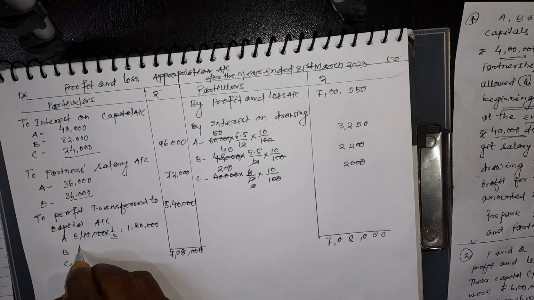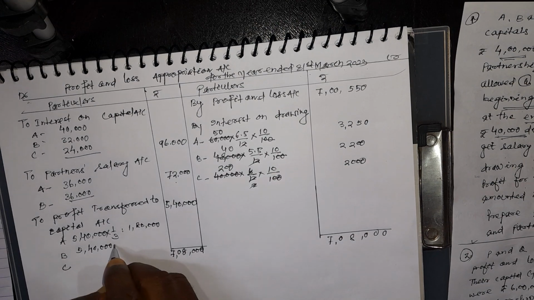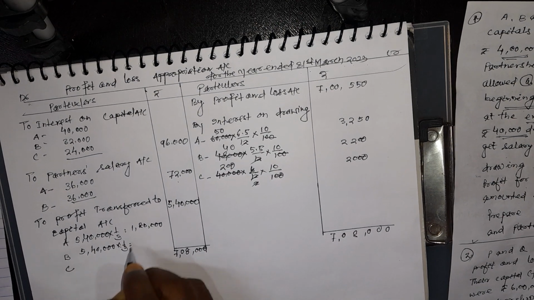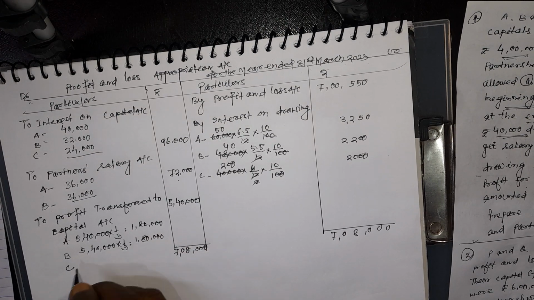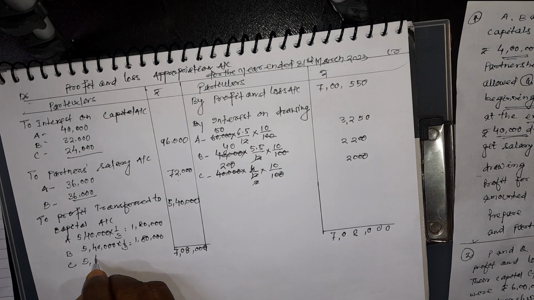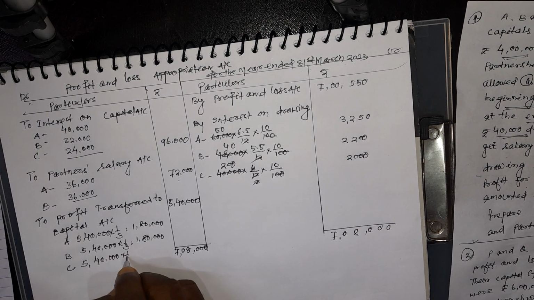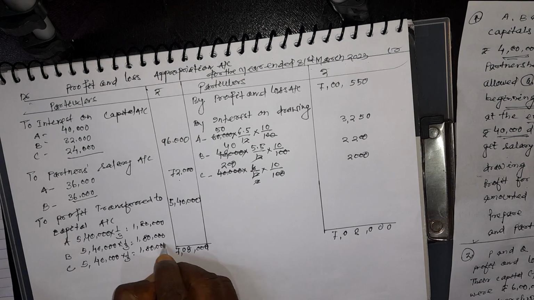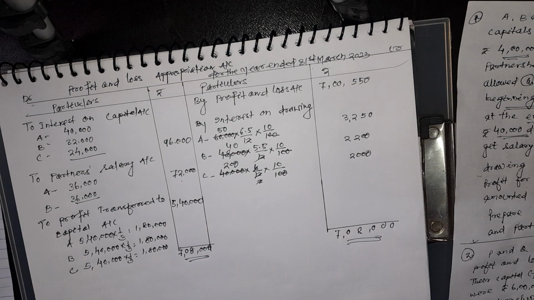B will get 5,40,000 into 1 by 3, means 3 partners so 1 by 3, 1,80,000. C will get 5,40,000 into 1 by 3, it will be 1,80,000. Clear? This is all about the preparation of the profit and loss appropriation account.